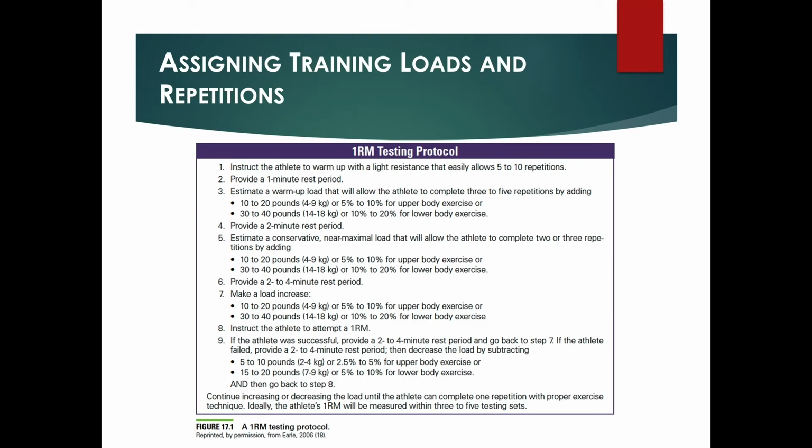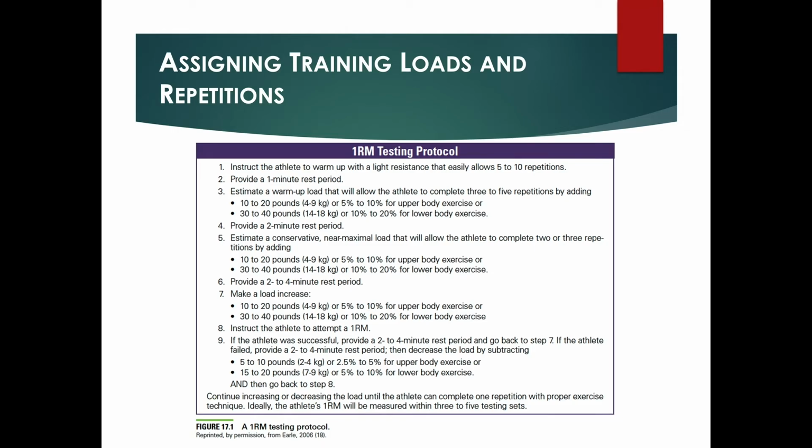If they're able to do that, provide a 2 to 4 minute rest, and keep going back to number 7 until the athlete fails, or you can continue increasing or decreasing the load until the athlete can complete one repetition with proper exercise technique, or they fail to get it up, or they need help from a spotter.